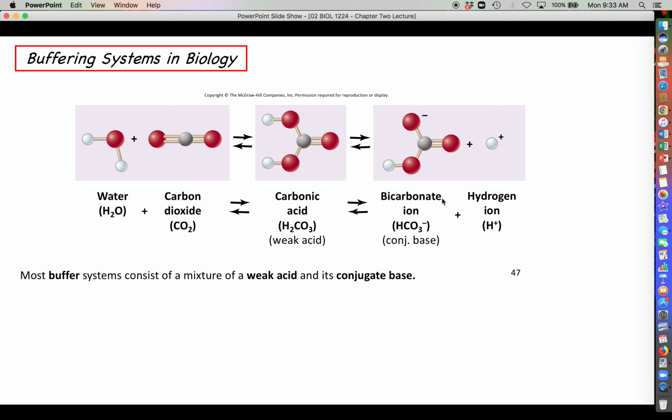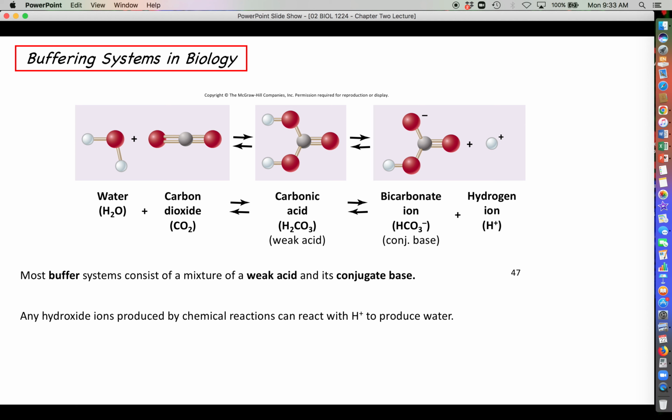And then bicarbonate, this is what is left over of the carbonic acid after it has lost one of its hydrogen ions, as you can see right here. So the carbonic acid, the weak acid, is in equilibrium with bicarbonate, which is its conjugate base. So this is going to be the nature of how we can resist any changes in pH here.